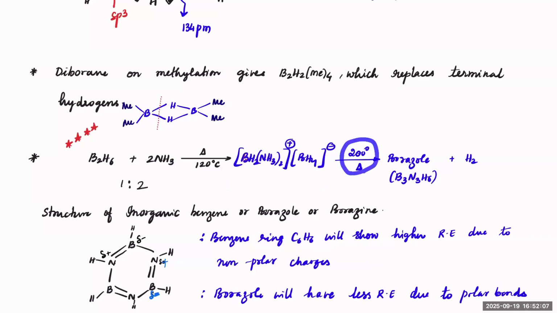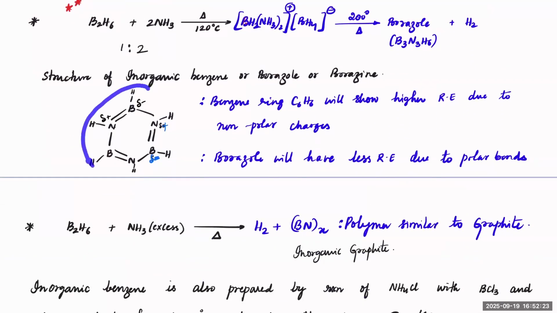But the minute you heat it around 200 degrees centigrade, this would release H2 gas and convert into a compound called inorganic benzene or borazole. Why is it called inorganic benzene? See, it is exactly like benzene, except instead of all carbons, now you have 3 borons and 3 nitrogens. Three bonds.